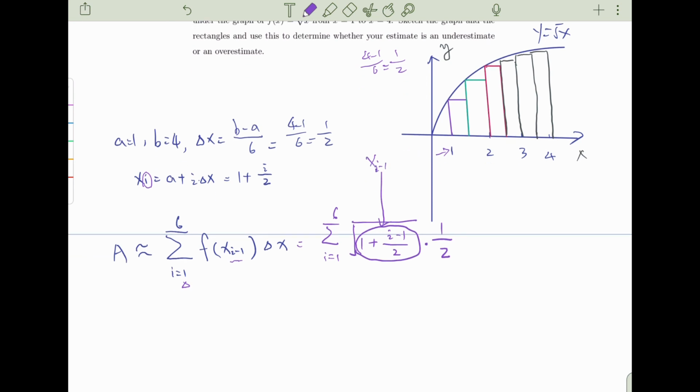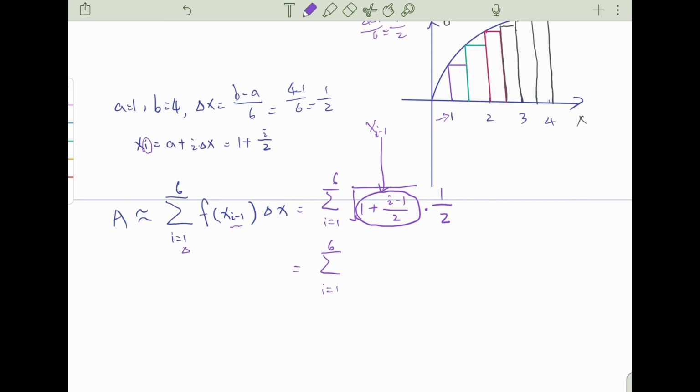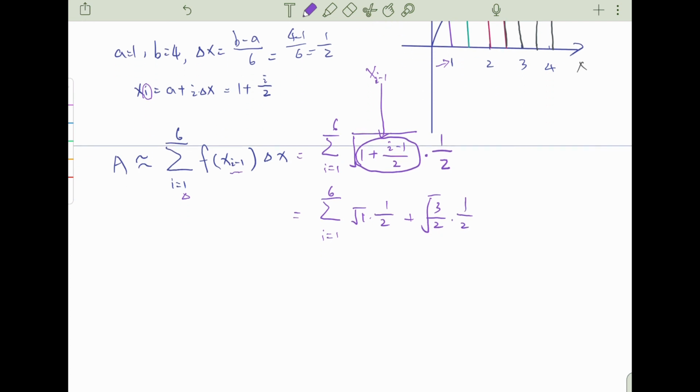Okay. Now you can just write this out by substituting i into this expression. So it's a little bit tedious to do. Right? So it's 1 times 1 half plus this 3 over 2 times 1 over 2 if you substitute i equal to 2 in this expression.